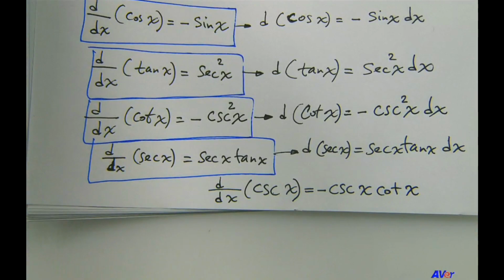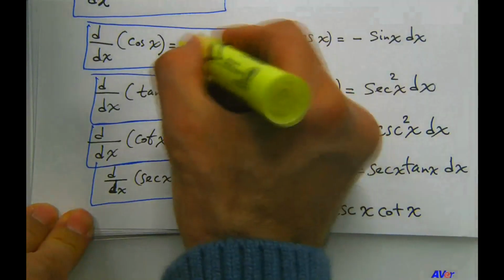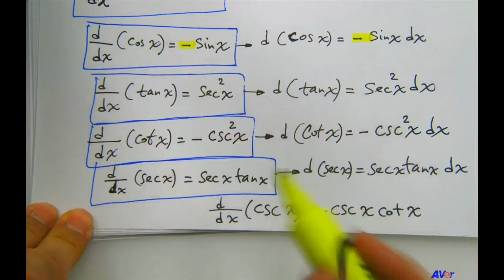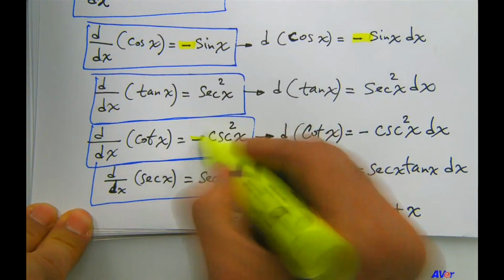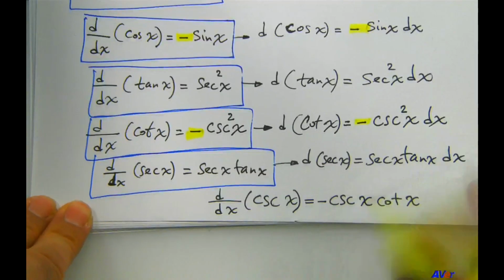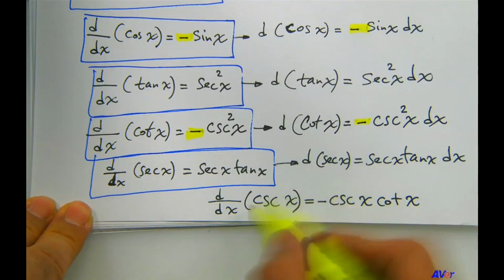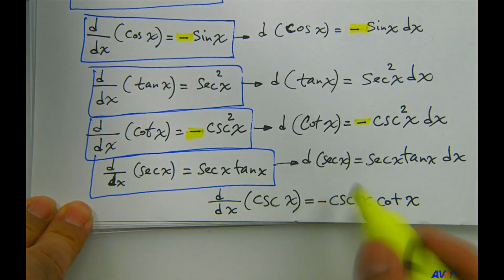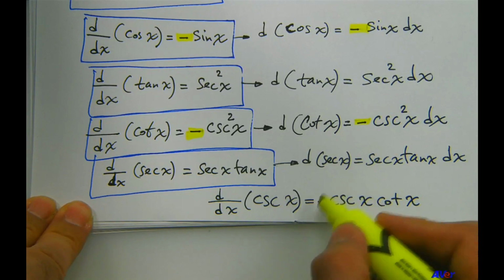So notice in particular which ones of these have a negative sign associated with them. That would be the derivative of the cosine, the derivative of the cotangent, right? Since we have to memorize these, let's find a way to quickly memorize them, and also the one for the cosecant. So this would be that one.